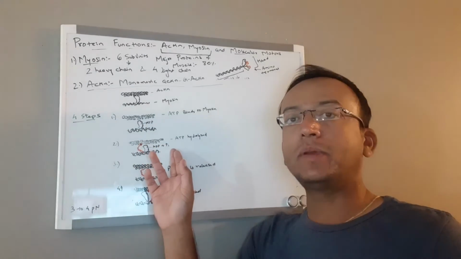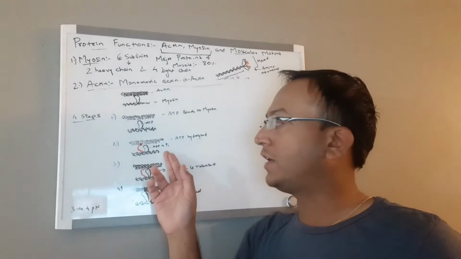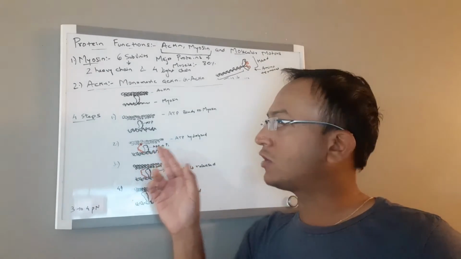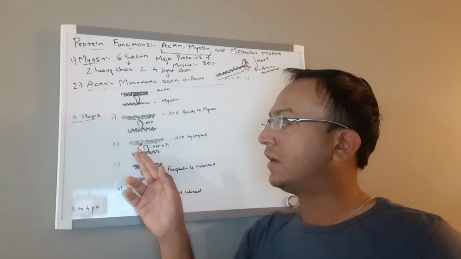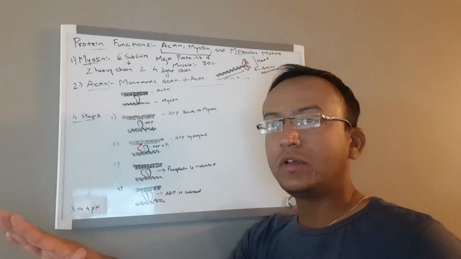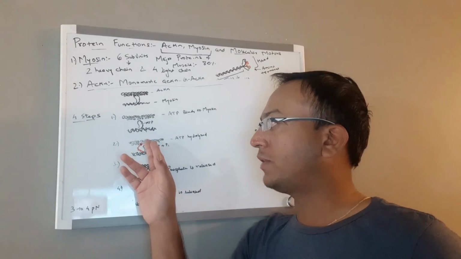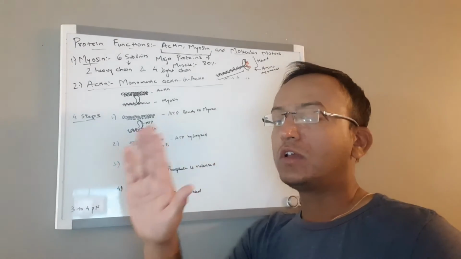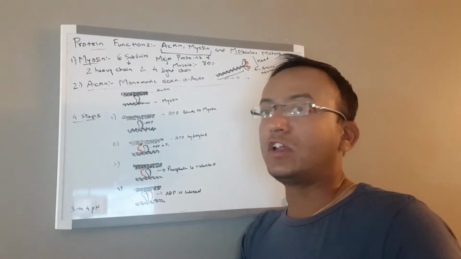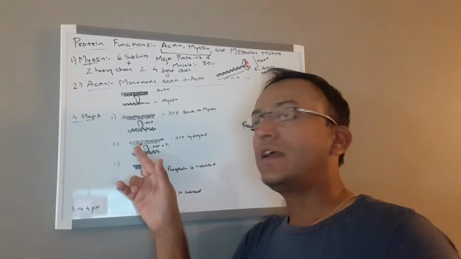The second step, ATP is hydrolyzed, right? So during the hydrolysis of ATP, it has ADP and the phosphate, and the myosin head is moved from this actin. It is moved slightly further toward the Z disc, and it is attached to another F unit of the actin.